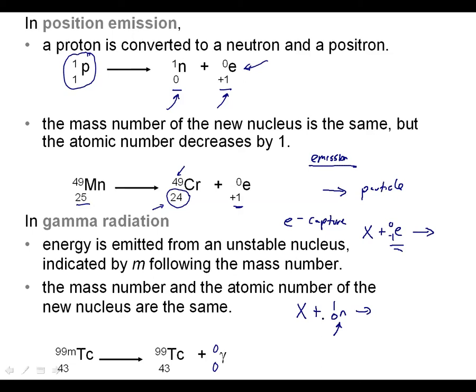There are a couple of cases where particles will end up on the reactant side, and those are the two common ones: electron capture, or you bombard something with either a neutron, an alpha particle, something like that. But anything about emission, it's emitted, it decays through this process, those are all going to be emissions, and those particles will end up on the product side.